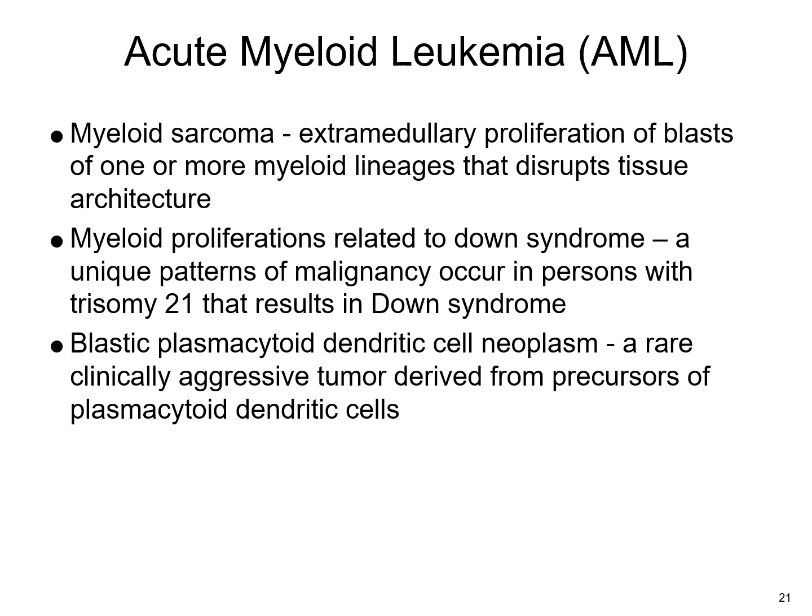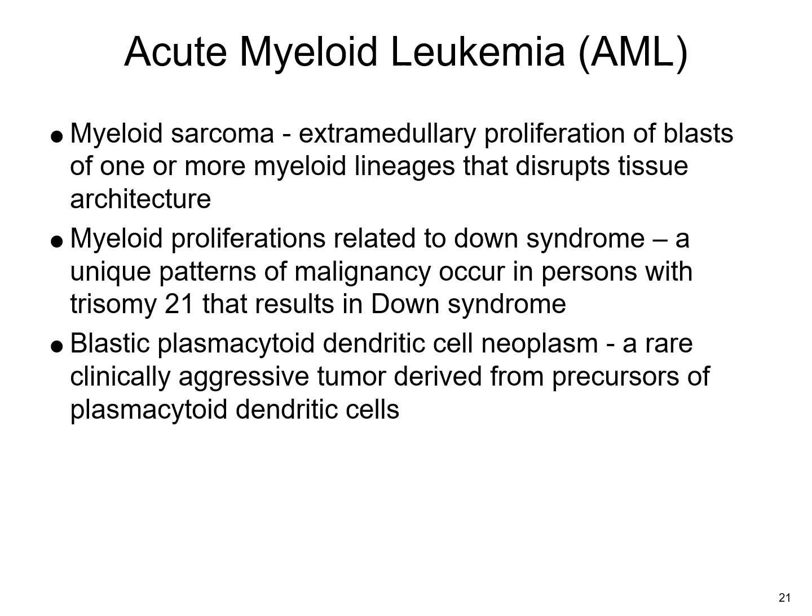It's been found that patients that have that trisomy 21 chromosomal defect that causes Down syndrome have a pattern of malignancy that can happen within those patients. Blastic plasmacytoid dendritic cell neoplasm. This is a rare, clinically aggressive tumor that is derived from those precursor plasmacytoid cells.